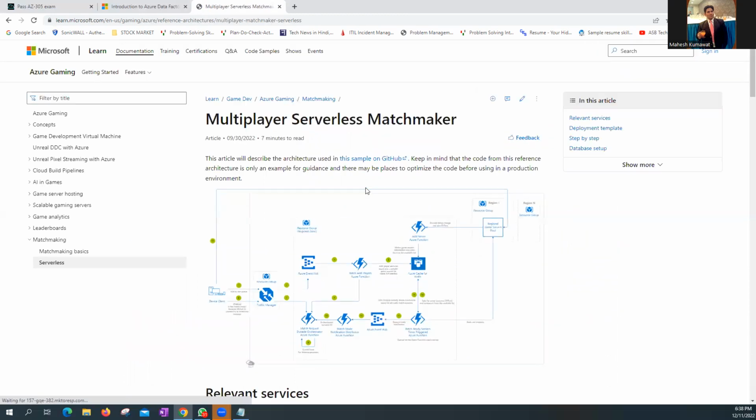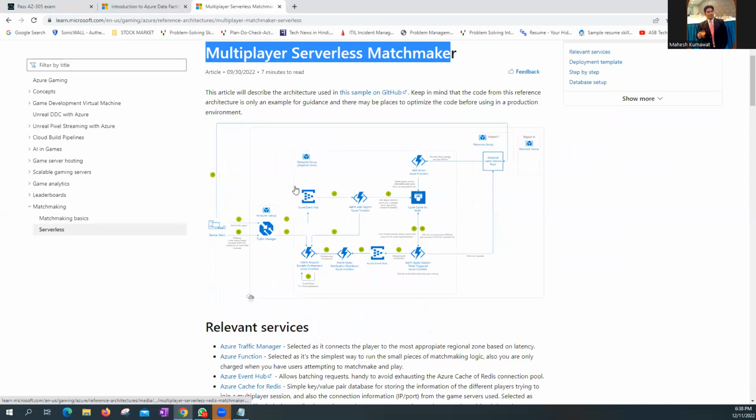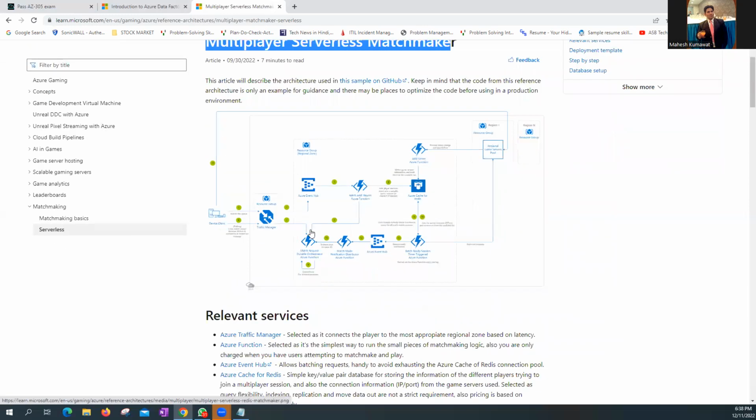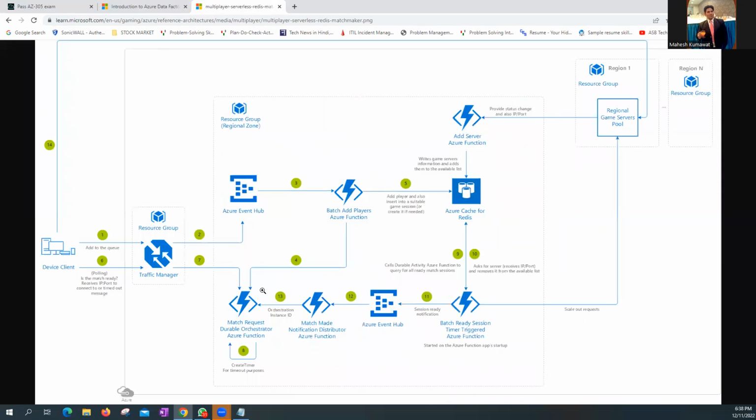However, this architecture is provided as per Microsoft, but you are going to make some changes as per your company's requirements, right? So this is the architecture. If I'm talking about the device integrations here, we have the queue, traffic manager, resource groups, Azure Event Hub.